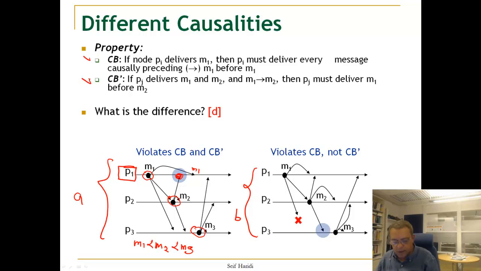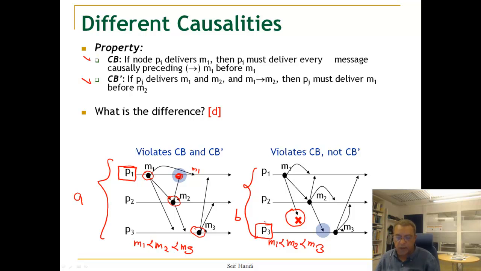Now, let us look at scenario B. Again, we have M1 before M2, which is before M3, but we have a situation where message M1 is not delivered at P3.